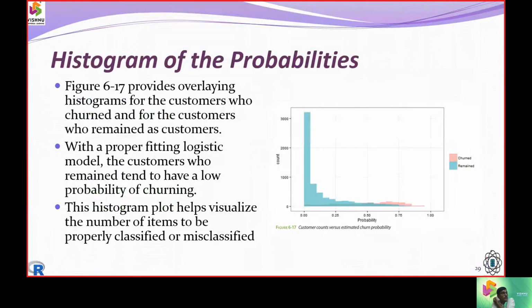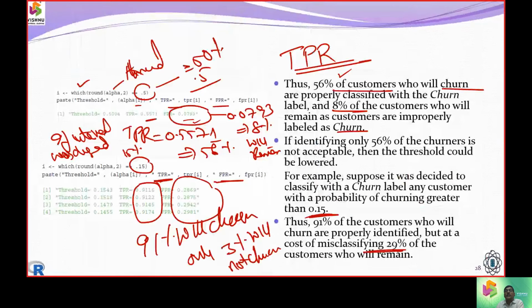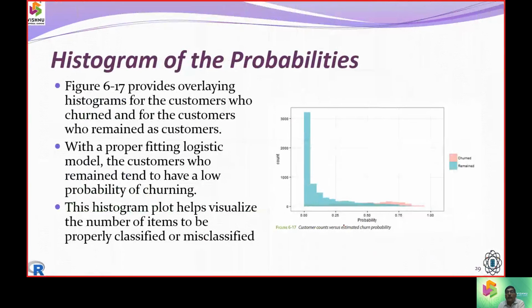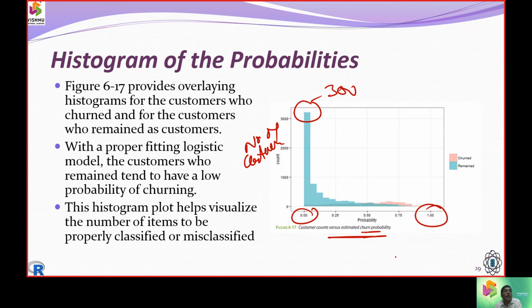Now, whatever we spoke about here, the churning of customers from 56% to 91%, and who will definitely remain with us, we are now bringing an overlapped estimation, that is the customer count versus the estimated churn probability. So we have the customer count, that is the number of customers, some 3000, and the probability is between 0.0 and 1.0.